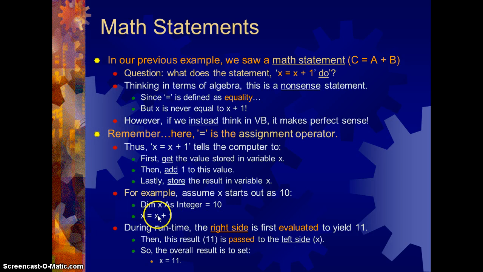Now we read what's in that memory space, which is 10, add 1 to it, and then store that, which is 11, back into that same memory space. So during runtime, that means when the program is running, the right side is first evaluated to yield 11. Then this result, 11, is passed to the left side. So the result is x is equal to 11.